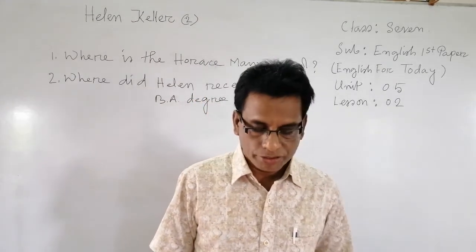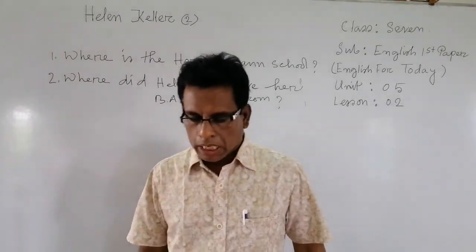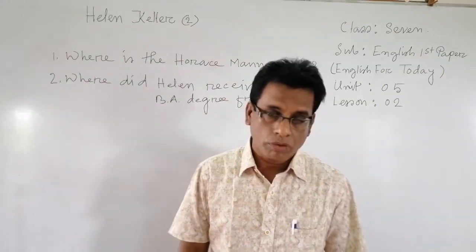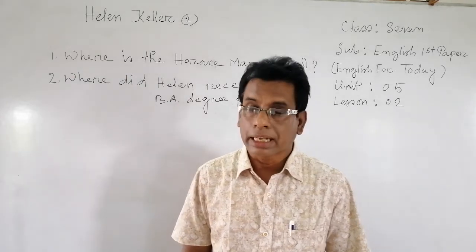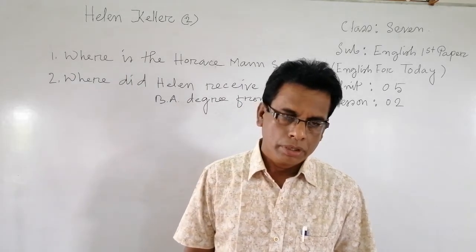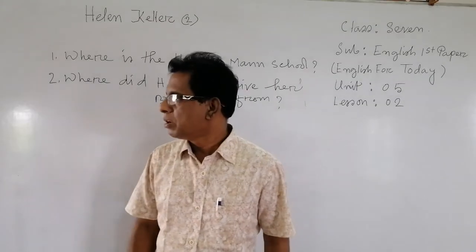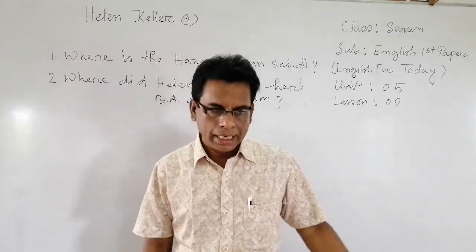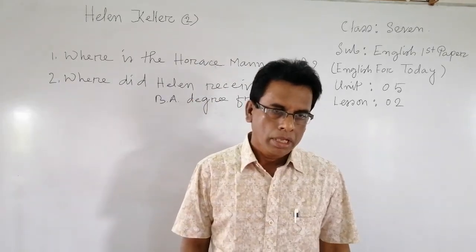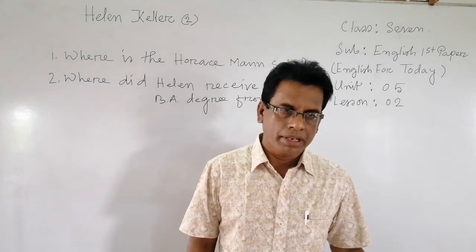So dear students, we have learned a lot of things about Helen Keller. We have two parts of this. In the first lesson, two things: the early life of Helen Keller and her family, and her problem.